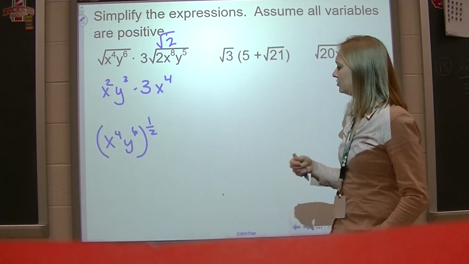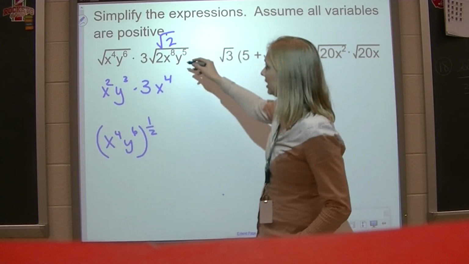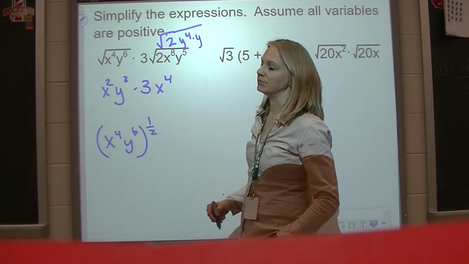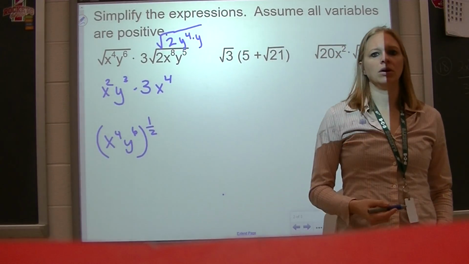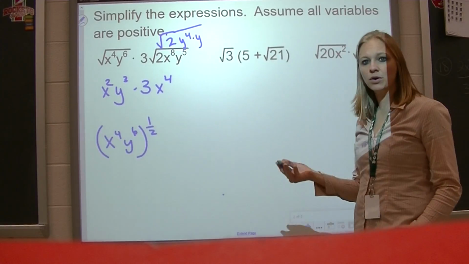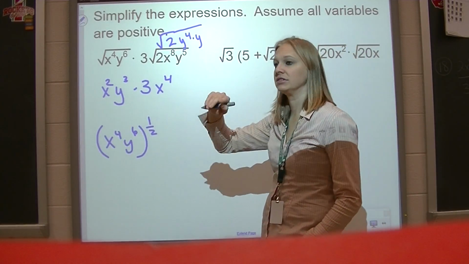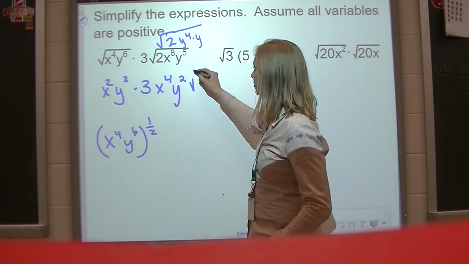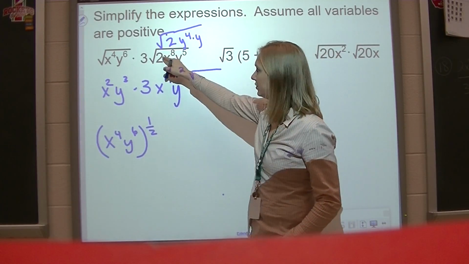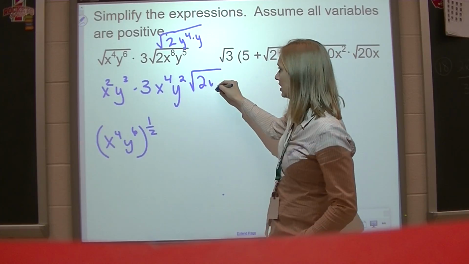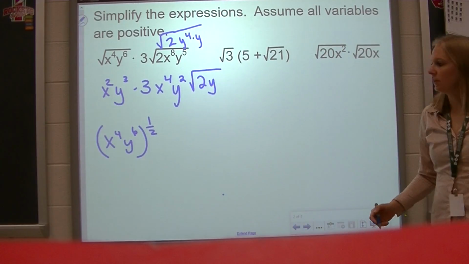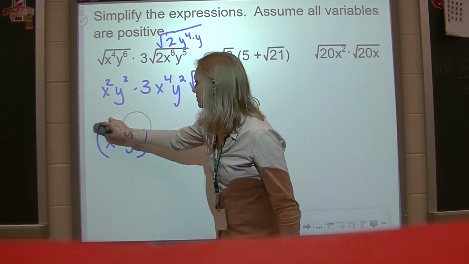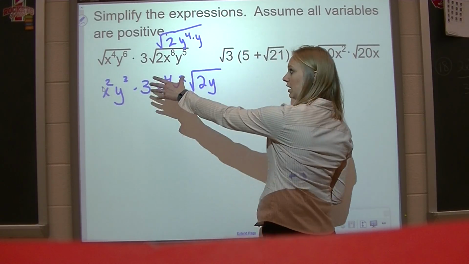So that doesn't go into it evenly, but I can rewrite that as y to the 4th times y to the 1st. Well, the square root of y to the 4th, so 4 times 1/2 is 2. So I can take out y squared, but underneath the radical, I'll still have that 2, and I'll still have this remaining y. So all that's left now is to multiply.